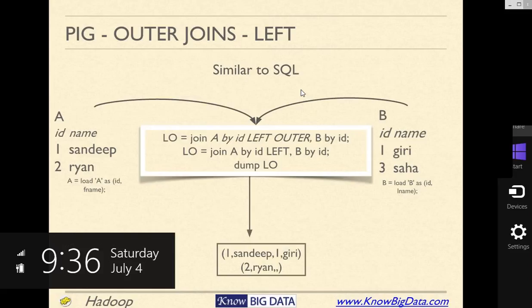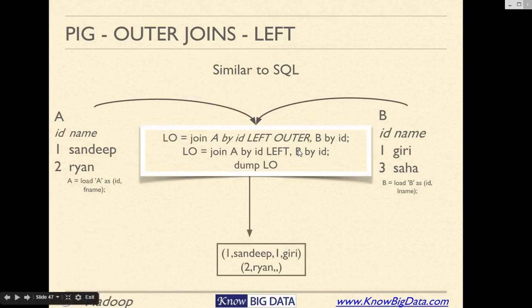So here when we do a left join, we get 1 comma Sandeep, 1 comma Giri, and we also get 2 comma Ryan, right? Although there is no matching value in the right table, we just take that. Also notice that the keyword left outer or left should occur before the comma, right?